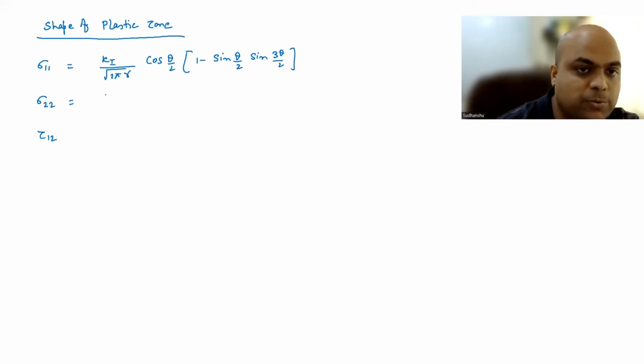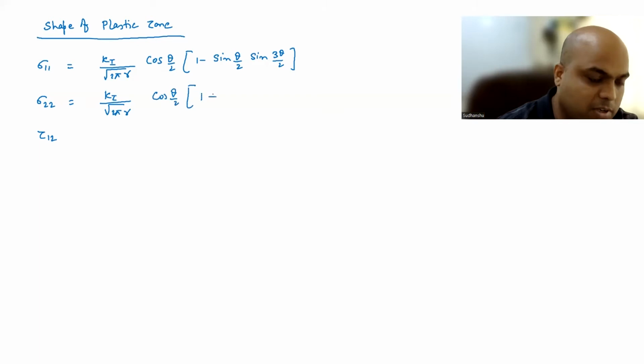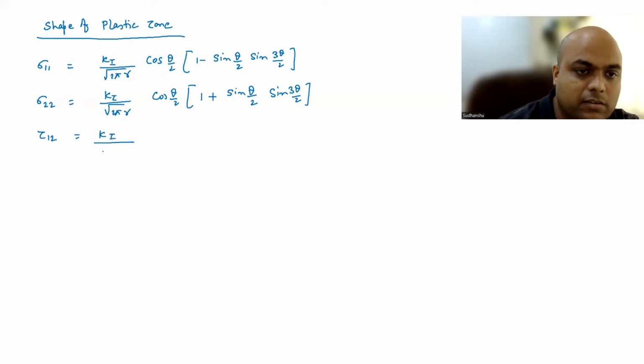Similarly, sigma 22 was A1 divided by root 2 pi r, cos theta by 2, 1 plus sine theta by 2, sine 3 theta by 2. And the last is A1 by root 2 pi r, then cos theta by 2, sine theta by 2, and cos 3 theta by 2.